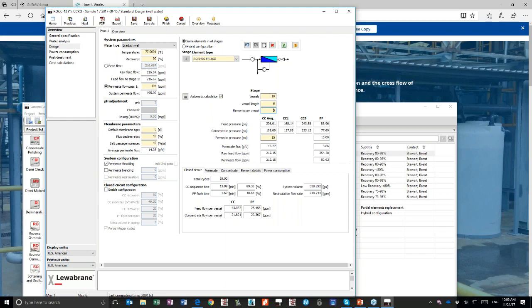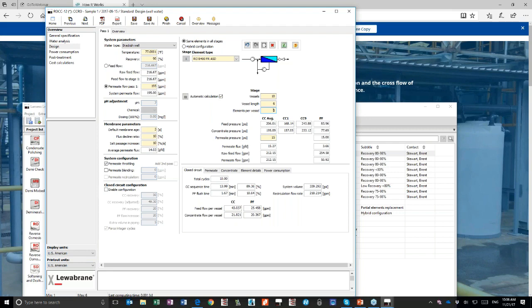So the design guidelines I should have highlighted are the same for traditional and CCRO. For example, concentrate flow per pressure vessel, with wastewater reuse, if you go below 18 GPM per pressure vessel, you'll get that flag. You'll get that flag in CCRO, and you'll get that flag in traditional.